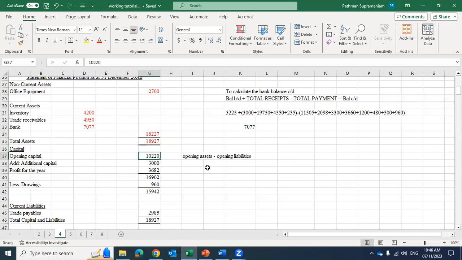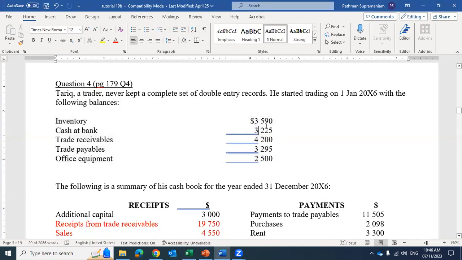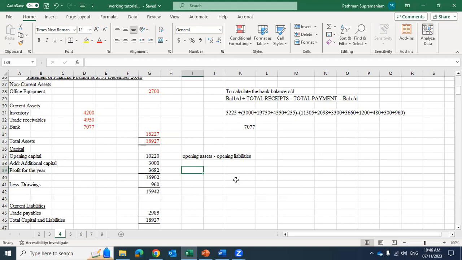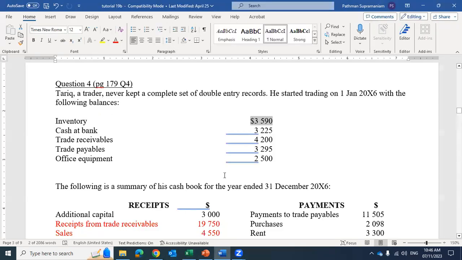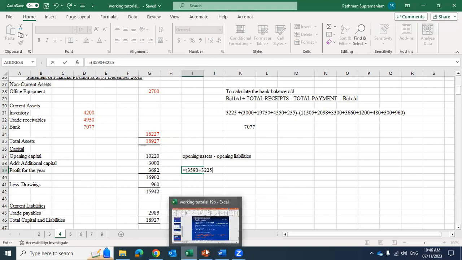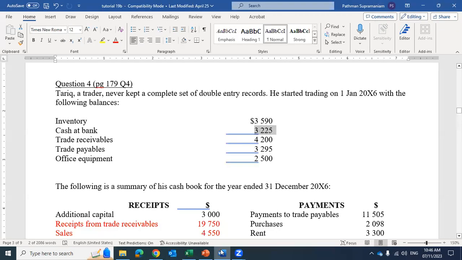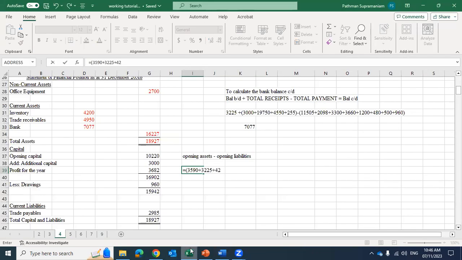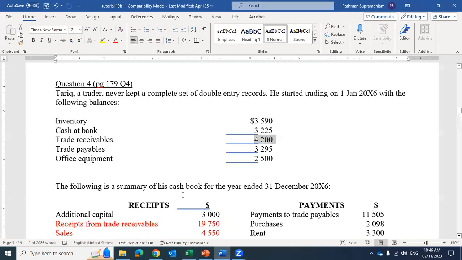So the opening assets would be 3590 plus 3225 plus 4,200 plus 2,500.